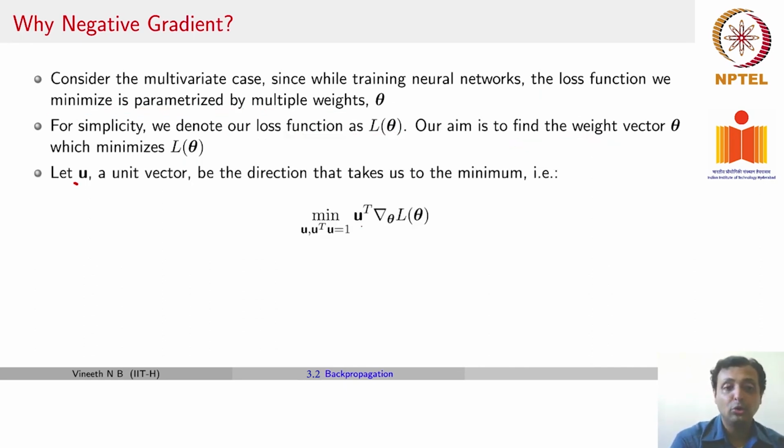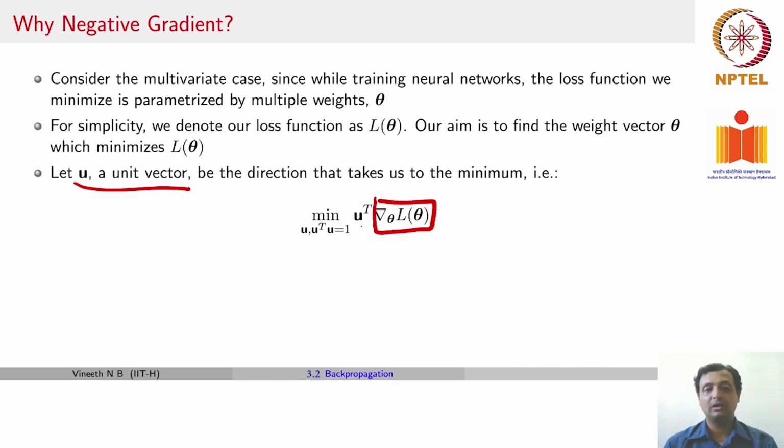Now, let u be a unit vector which is the direction that takes us to the minimum of this loss function. We have the gradient, grad sub theta of L of theta, and we know that some component of the gradient may help us go to the minimum of this loss function.